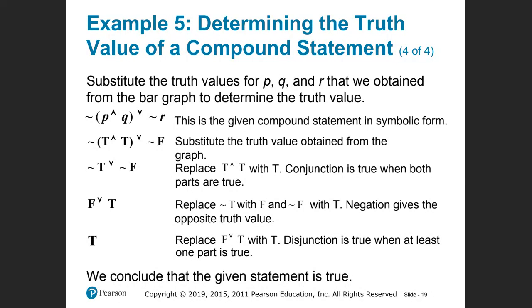So the part inside the parentheses is true. We still have that R is false. Okay, but not R, not false, would be true. So we have false or true. Well, remember that the disjunction is true if either part is true. So if we replace this F, false, or T, true, with T, then this is true because at least one part is true. We conclude that the given statement is true. And that concludes this section.